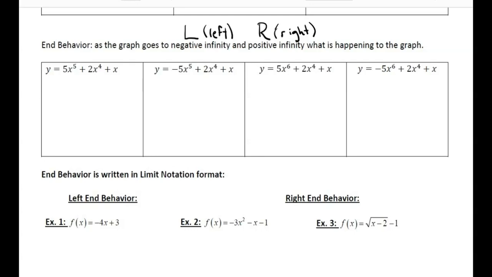So let's see, if we were to take this example, 5x to the 5th plus 2x to the 4th plus x, and you might say, I'm not sure what that's going to do. I'm going to show you if we use a program called Desmos that you can get just on your browser.